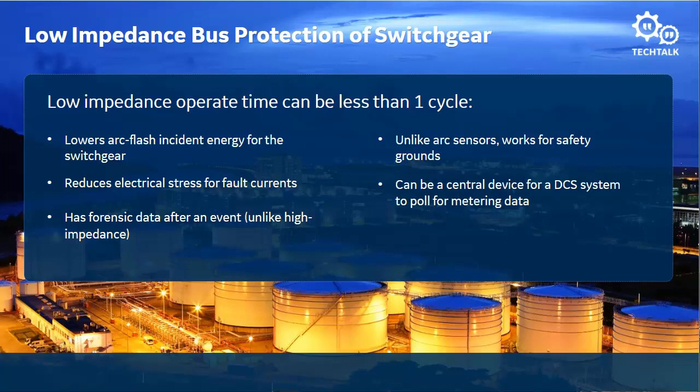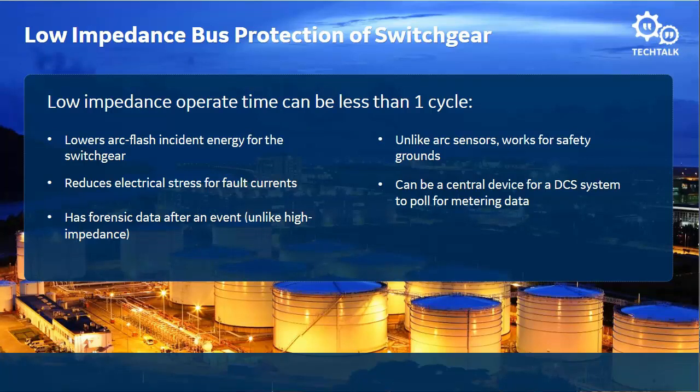Unlike high impedance bus differential, where we have to sum our currents external to the protective device, to the relay, low impedance bus differential gives us lots of available forensic data if we have an event.